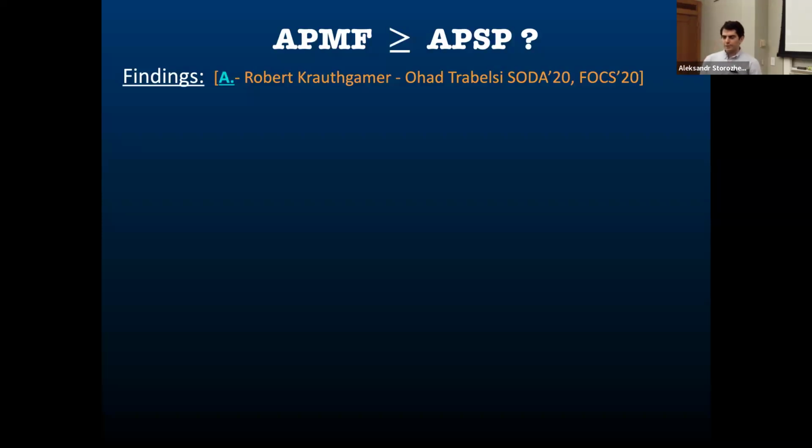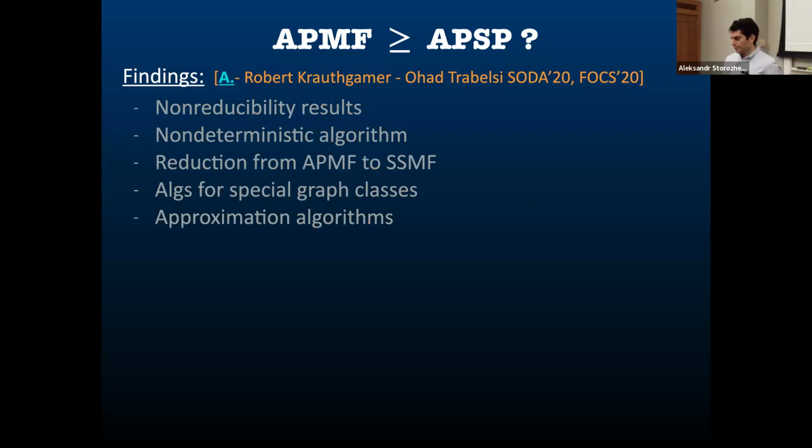I had a summer intern working with me, Ohad Trabelsi, who was a PhD student with Robi. And we started proving some results here and there, beating around the bush. I don't want to go into them here, but we were convinced that it's a hard problem. We were just trying to explain why we can't show a lower bound, a non-reducibility result, and all sorts of other things.